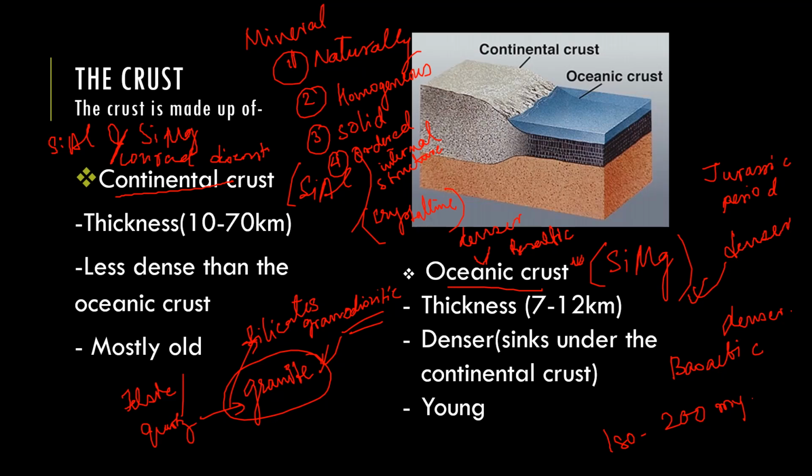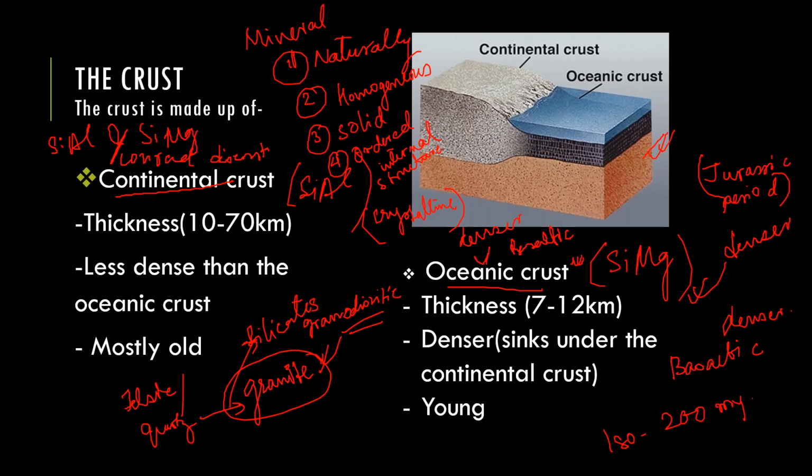One more thing I have mentioned here: what is the oldest oceanic crust that we observe on the earth till now? That is Jurassic. We get this answer from the Wilson cycle. The Wilson cycle tells us the story of how oceanic crust disappears and how new oceanic crust forms.